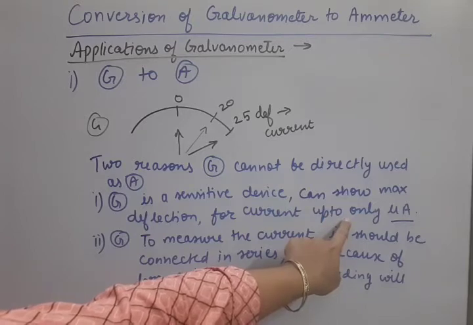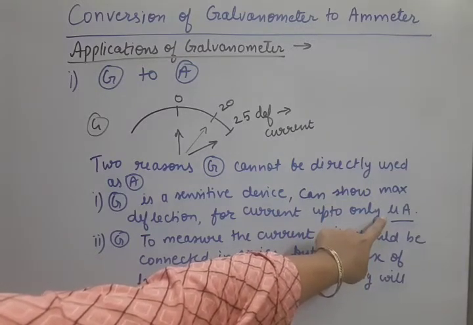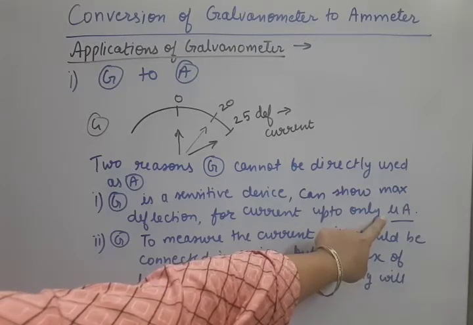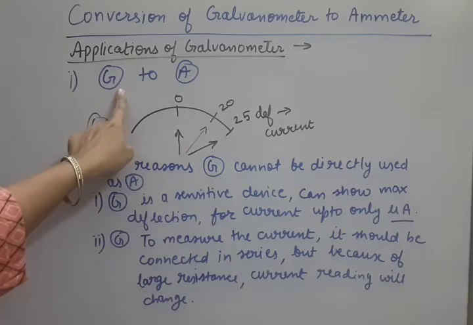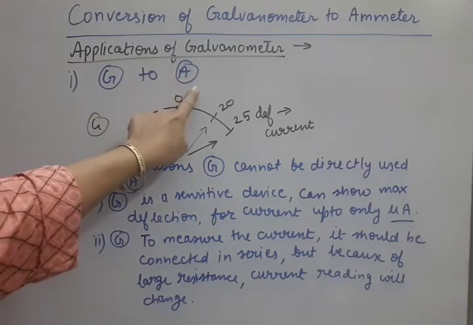In the galvanometer coil only a current of microampere maximum can pass. So what about the measurement of more current? Secondly, the galvanometer has a resistance. So if we connect it in series in the circuit, then the total current of the circuit will change, so the current reading will come wrong. So we need to do some modifications in the galvanometer circuit to make it an ammeter.